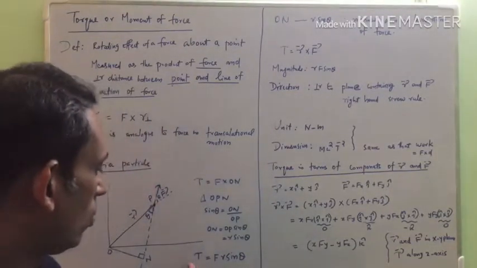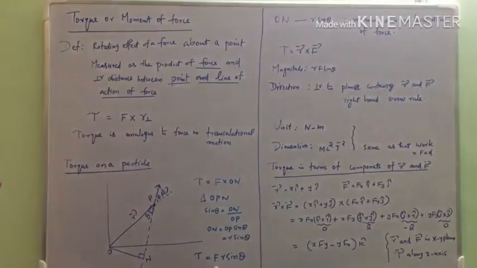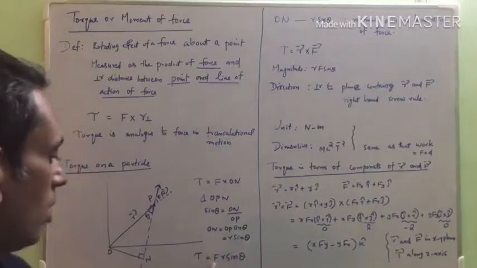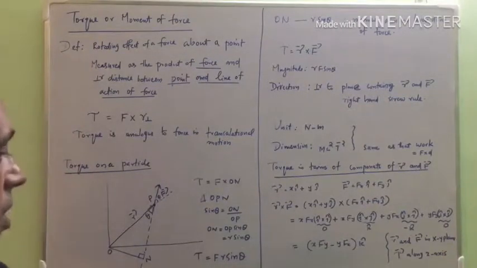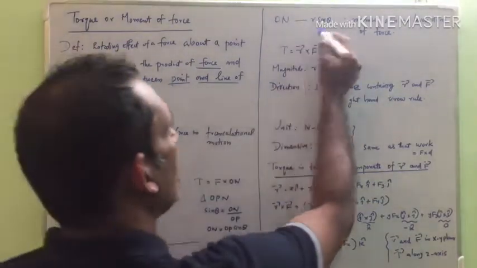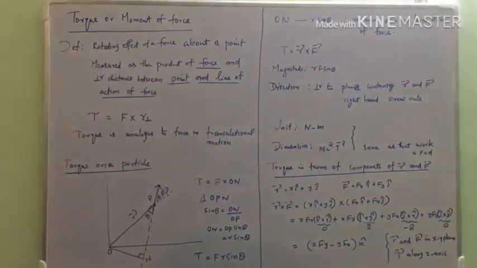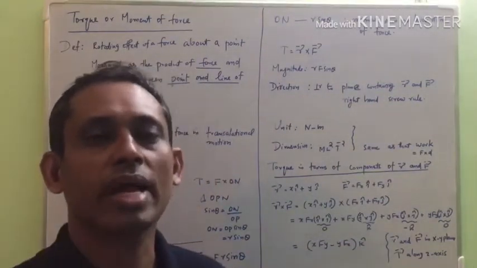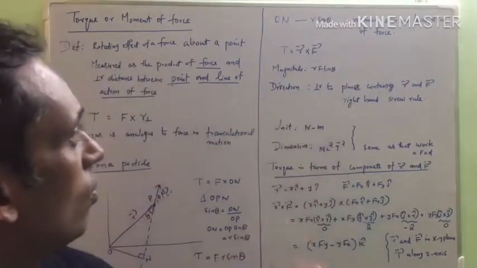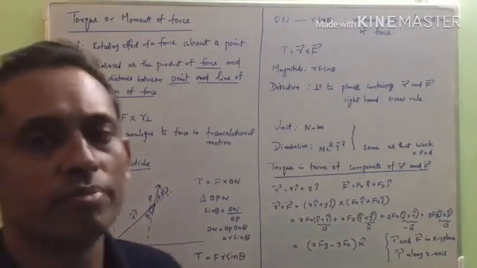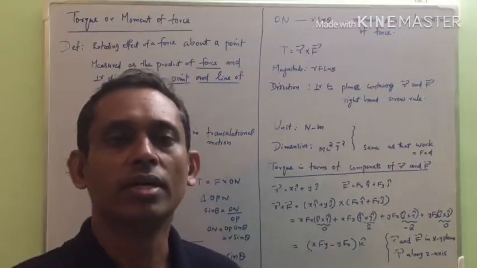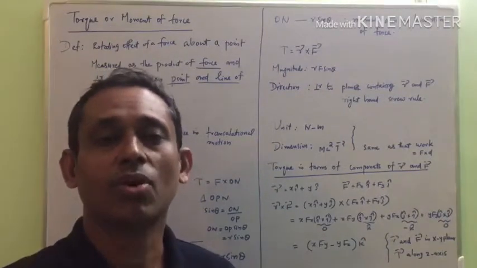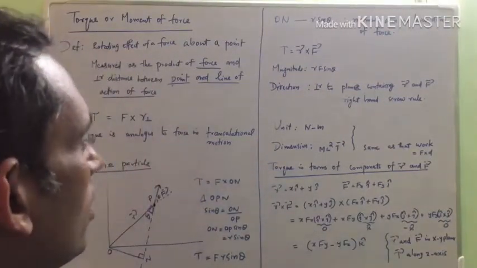So torque tau is equal to F times ON, which is F r sine theta. Now this r sine theta, the perpendicular distance between the point and the line of action of the force, is also called the moment arm or lever arm of the force.